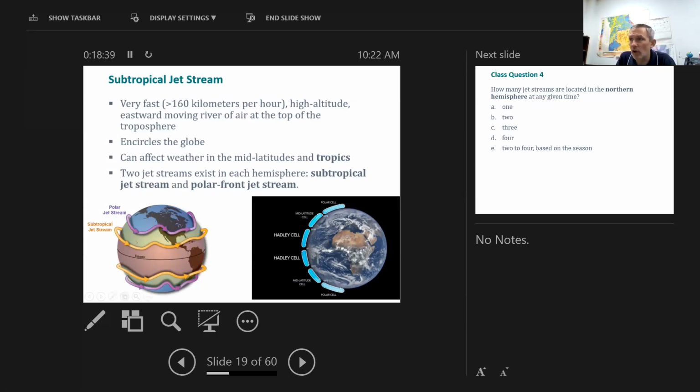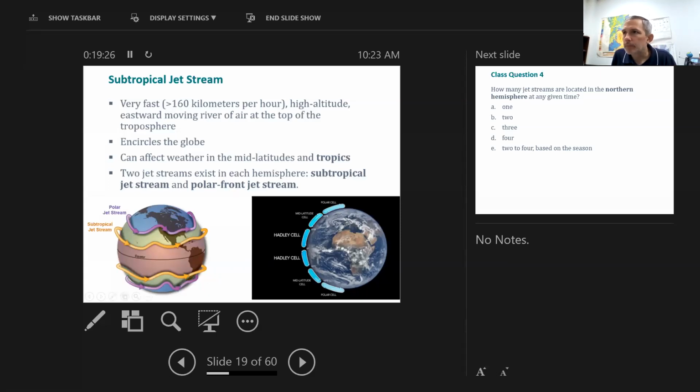The image on the right here is looking at the air moving right at the equator. Again, you can see those Hadley cells. Sorry about that.